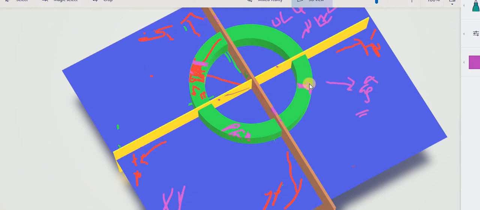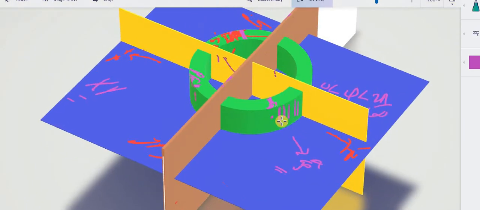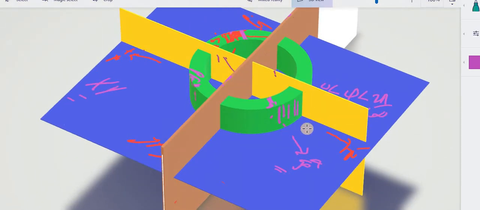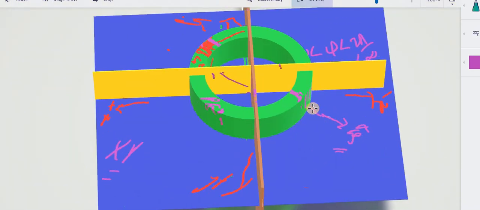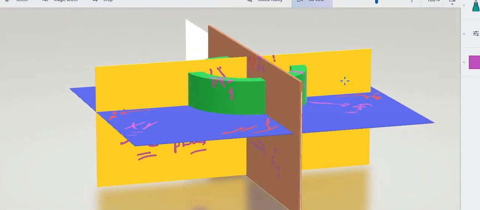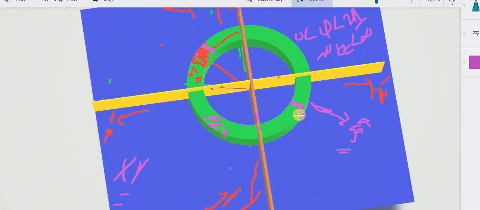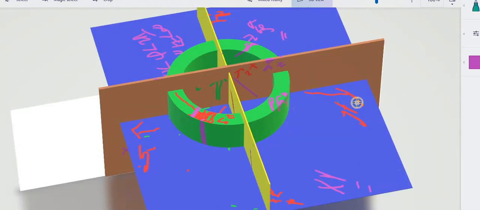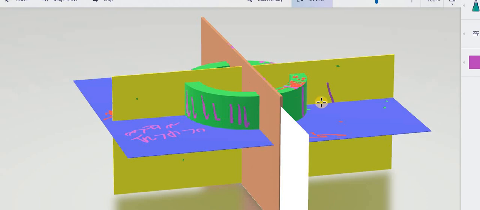So along this, along this, along this, outward direction, that is a rho.